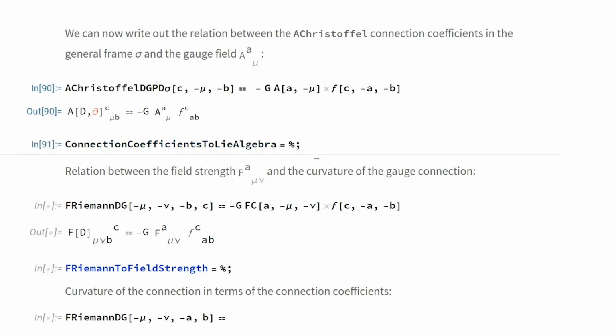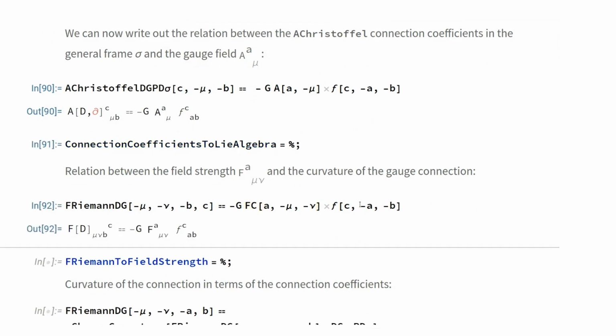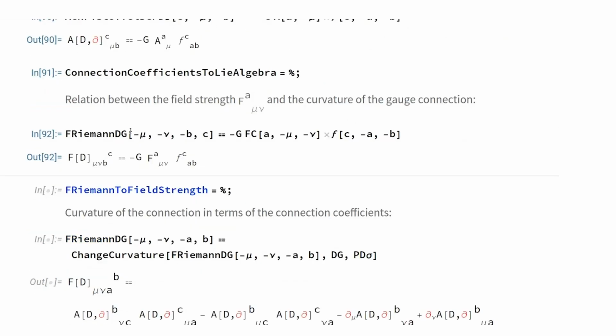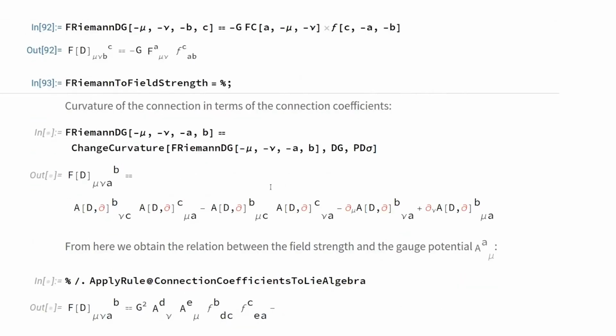This is the relation, and something similar for the field strength. I can set up the relation between the field strength and the components of the curvature of the gauge connection that we have defined in the principal bundle.